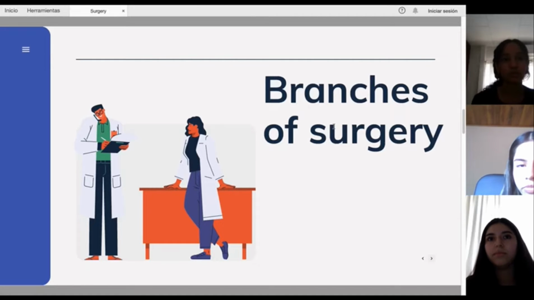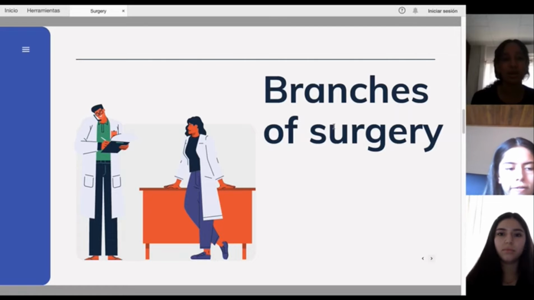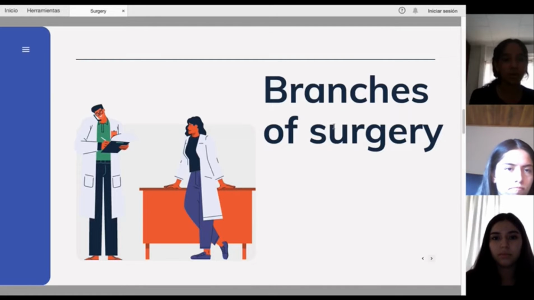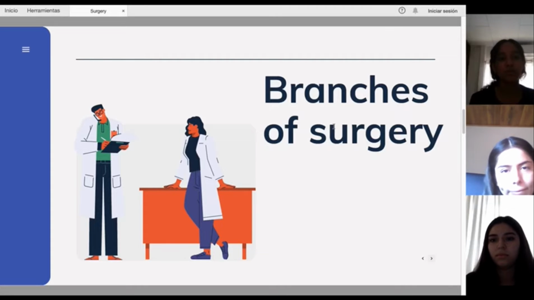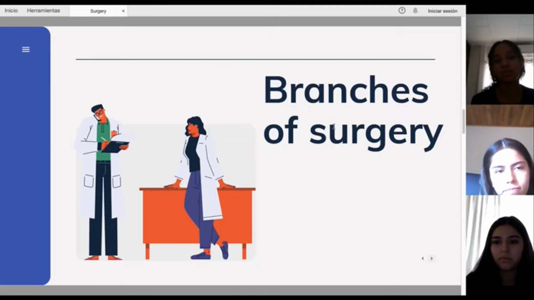Orthopedic surgery and traumatology. An orthopedic surgery is any operation performed on the musculoskeletal system. This system is comprised of your bones, muscles, ligaments, joints, and tendons. Pediatric surgery is a subspecialty of surgery involving the surgery of fetuses, infants, children, and young adults.